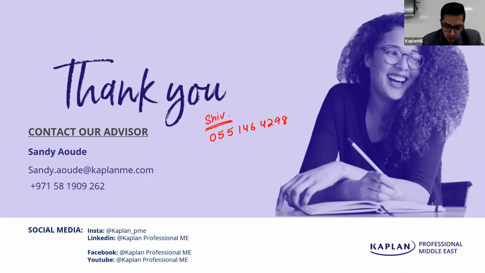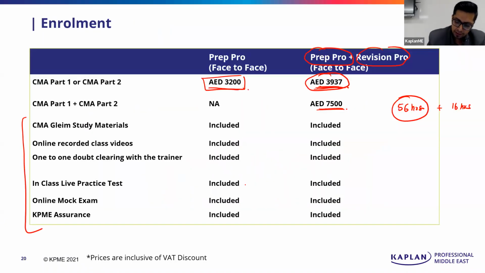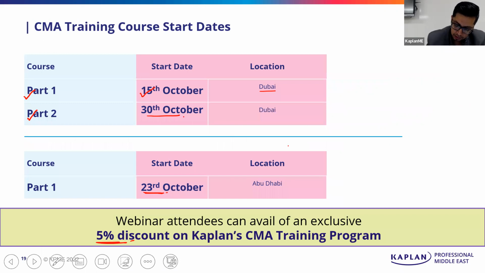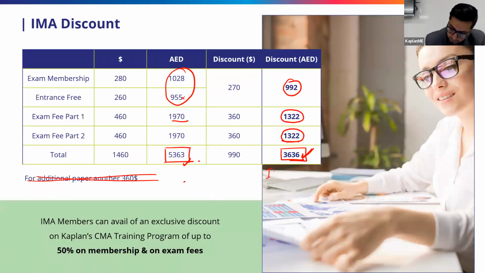So Jitin, there are two fees. This is the Kaplan fees, and this is on this slide. This was the IMA fees. IMA is the body which conducts the CMA exam. So these are two separate fees.